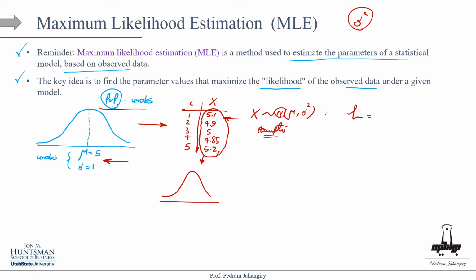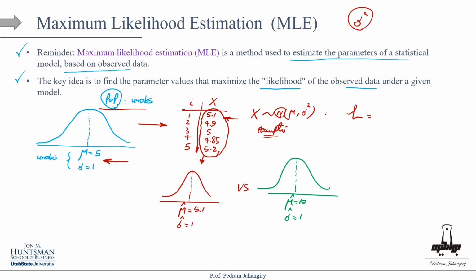We have two parameters: mu hat, the estimated value, is 5.1, and sigma hat is equal to 1. Versus, let's use green, mu hat is 10 and sigma hat is equal to 1.